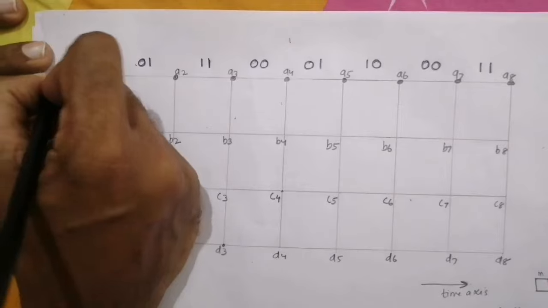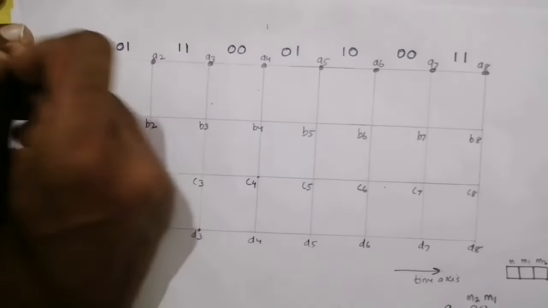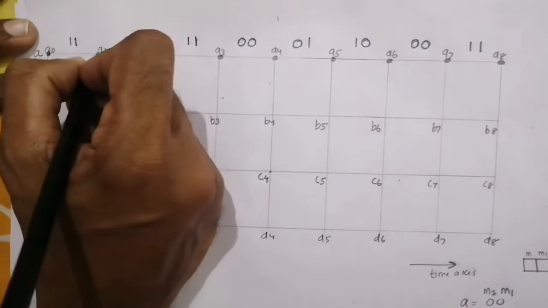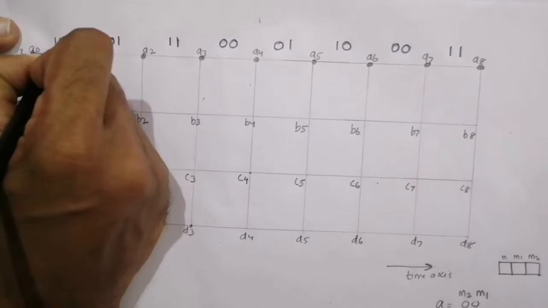With A equal to 0, if the present state is 00 and 0 comes, what will be the next state? The next state will be 00 itself. What is the output? I will take this as a reference.